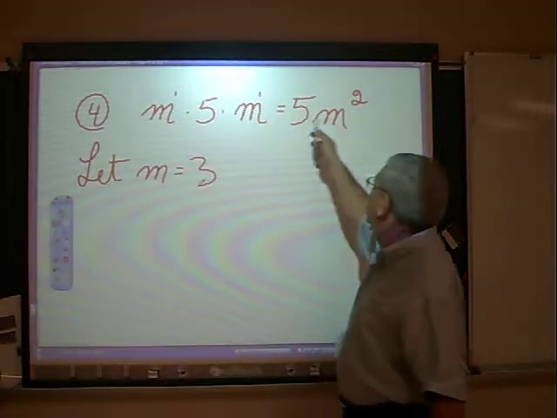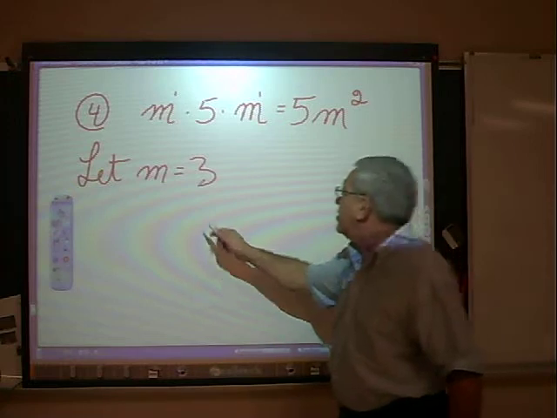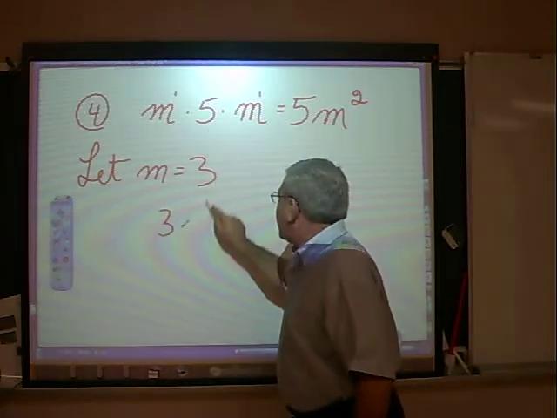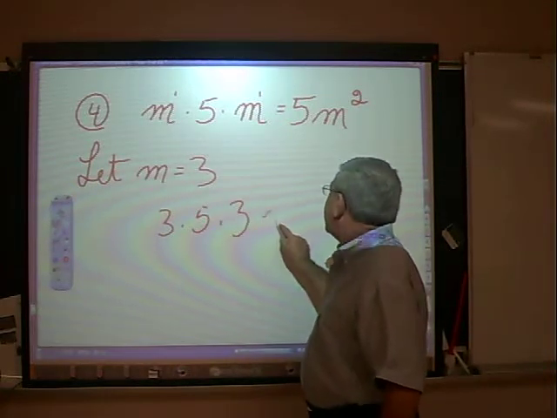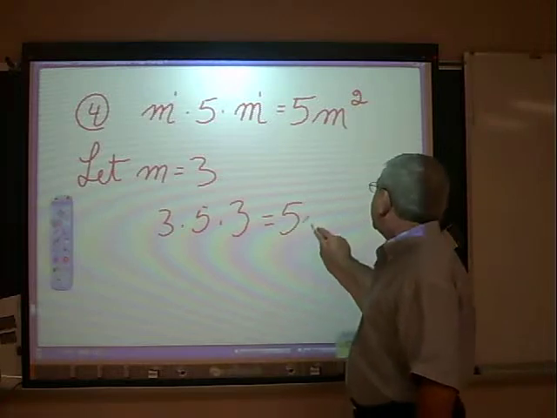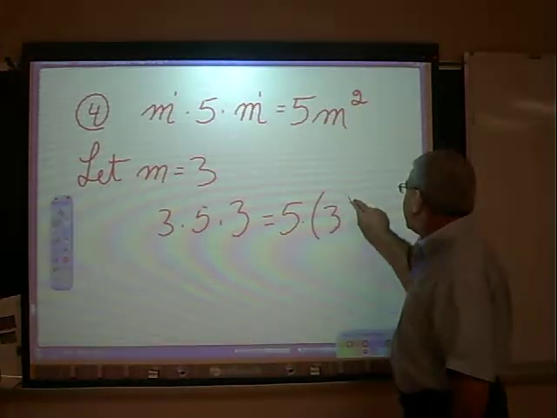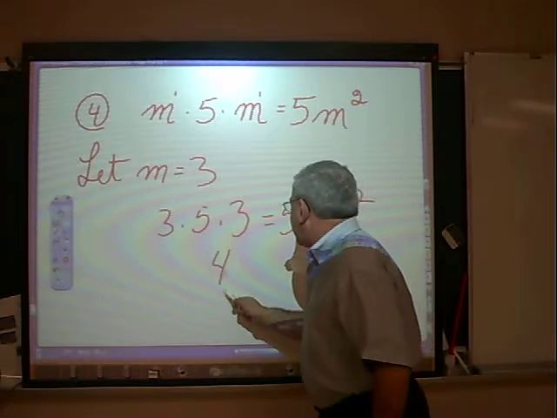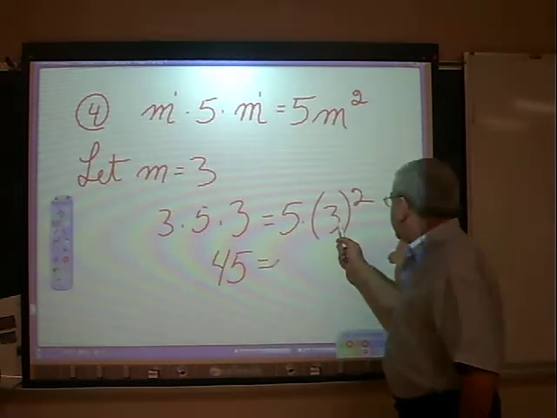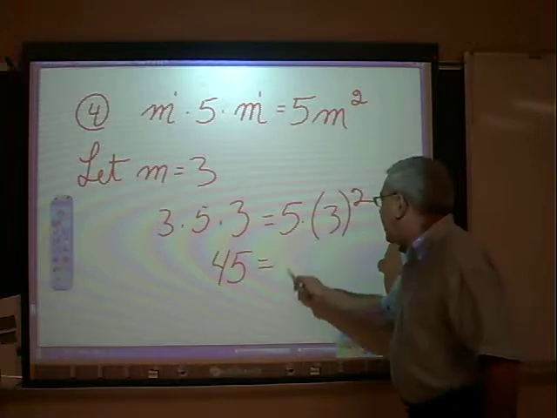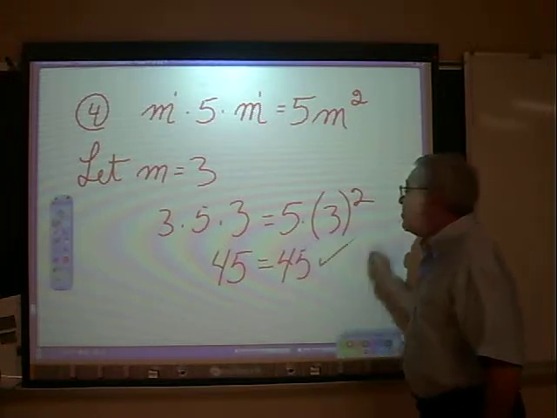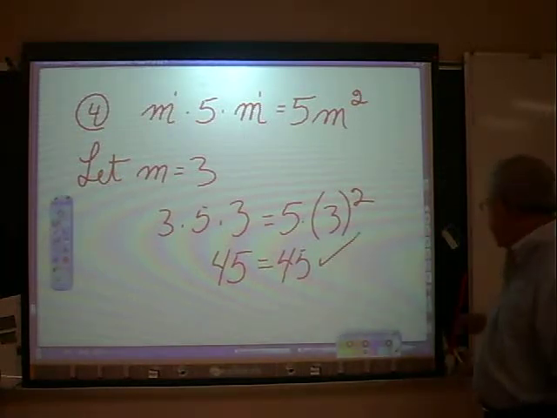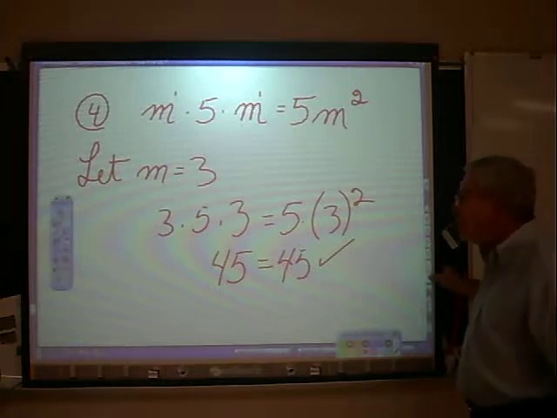Try to pick a number that doesn't appear anywhere up there. So we have 3 times 5 times 3 equals 5 times 3 squared. Well, 3 times 5 is 15, times 3 is 45. 3 squared is 9. 5 times 9 is 45. So we proved that example also, thinking about it using numbers.